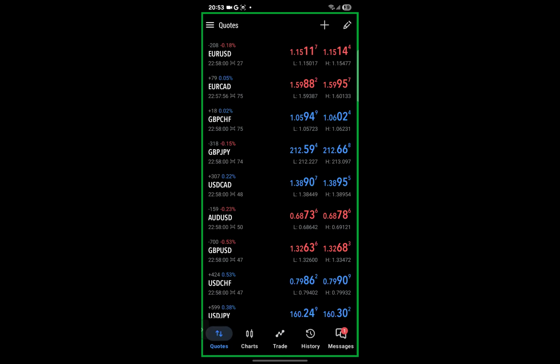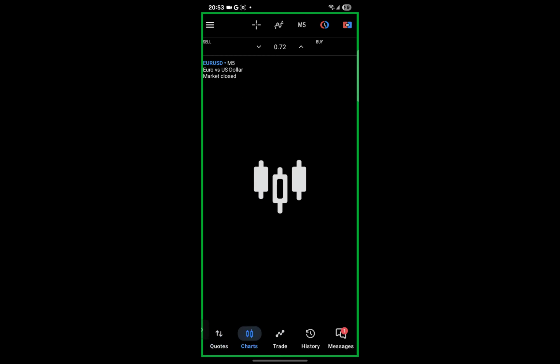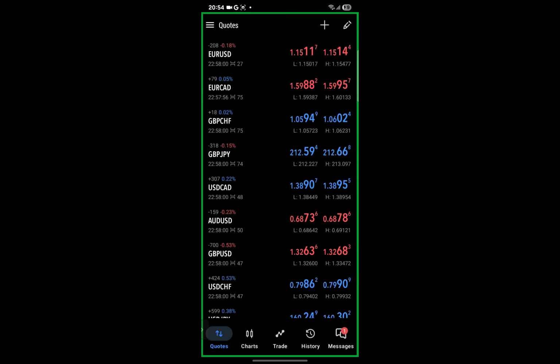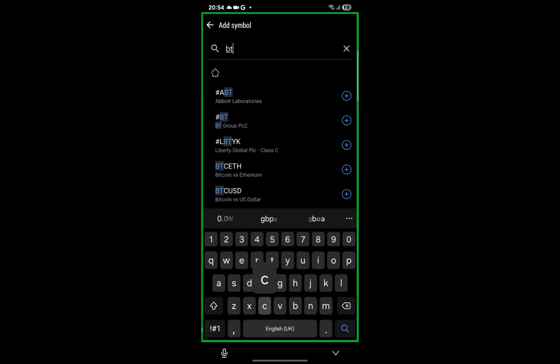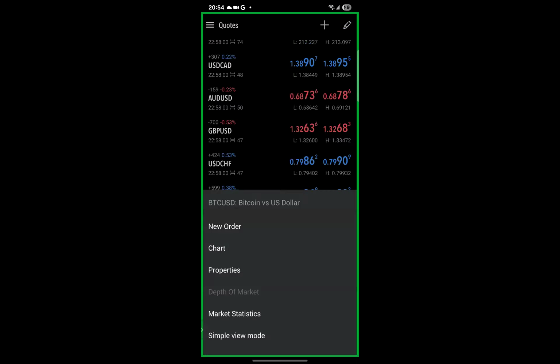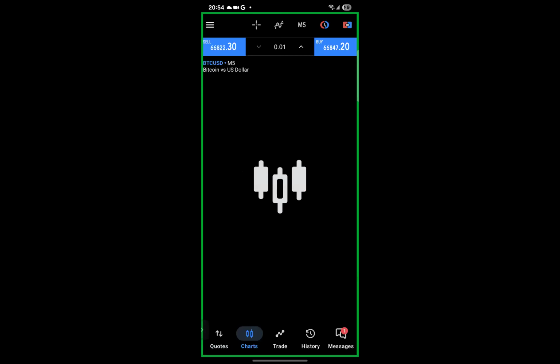The second one is the chart. All right. Let me change this into Bitcoin. And this is where you're going to see your candlesticks.